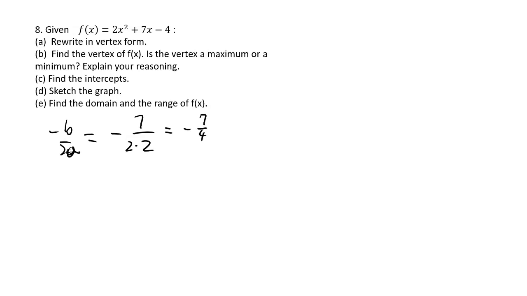Alright, so that's quite ugly, and we have to plug that into the function to get the k value. So remember, in the vertex form, which is a(x - h)^2 + k, where (h, k) is the vertex, this just gives you the h value. And to get the k value, you actually have to evaluate the function at that -7 over 4.